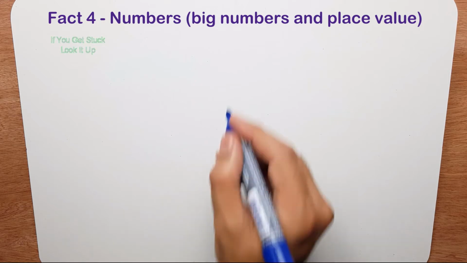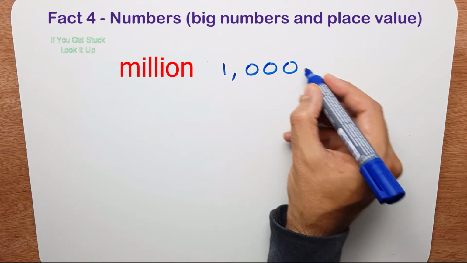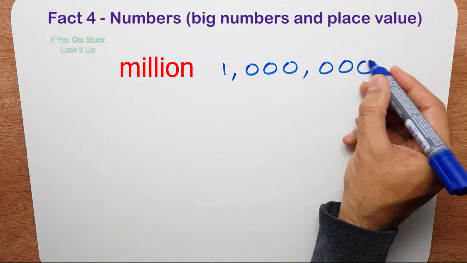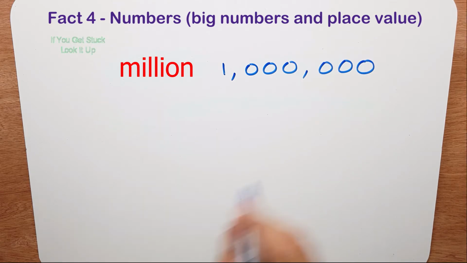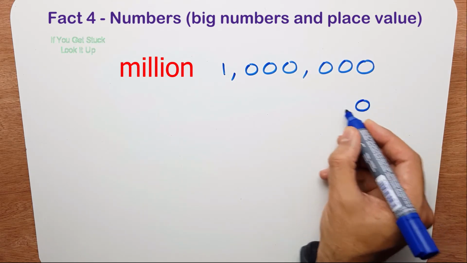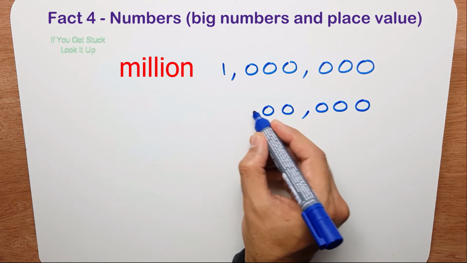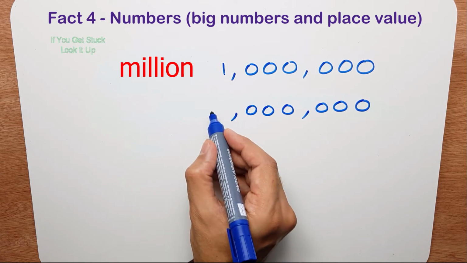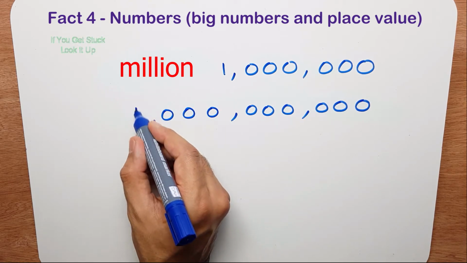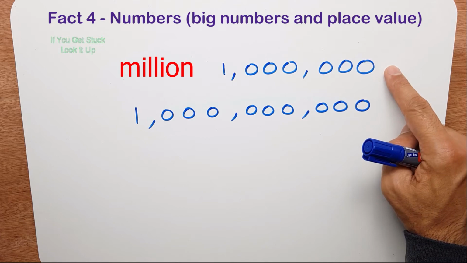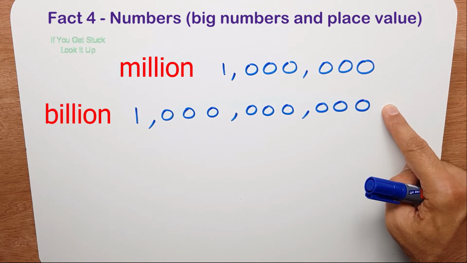Now I want you to know, normally when you go past a million, the next number will be another 3 zeros. So watch this carefully. You have 1, 2, 3, comma. 1, 2, 3, comma. Now I've got another group of 3. 1, 2, 3, comma. So that there is a million. If I add another 3 zeros, it's a billion.